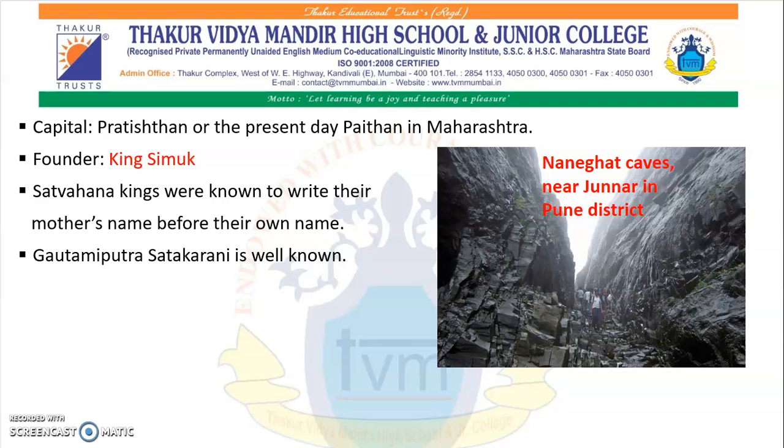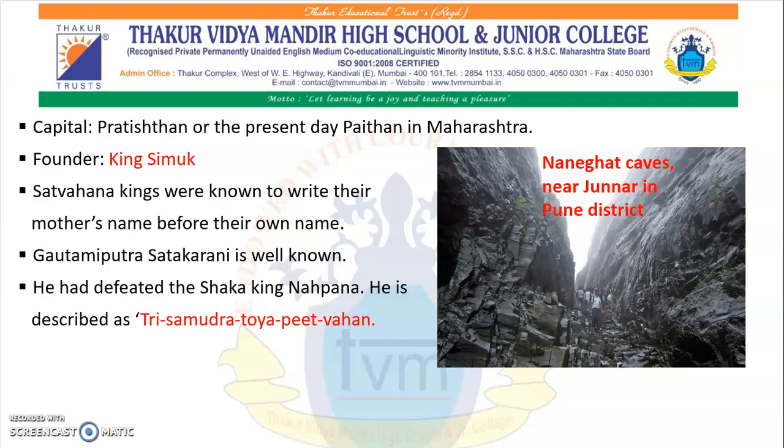A stone inscription in a cave in Nasik described his valor, his great works of courage and bravery. He had defeated the Shaka king Nahapana. He is described as Tri Samudra Toya Peeta Vahana.